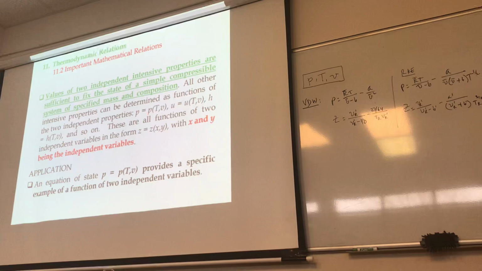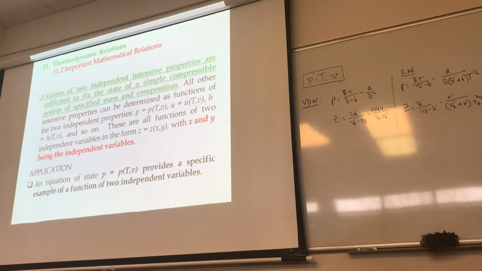For example, if you know the temperature and volume, you get pressure. If you have temperature and specific volume, you can get the internal energy. You should be able to get pressure, and then from there you can get internal energy, then enthalpy, and so forth.